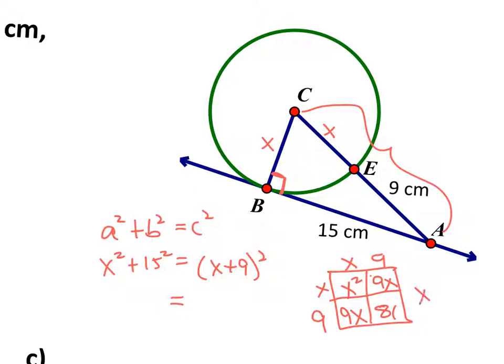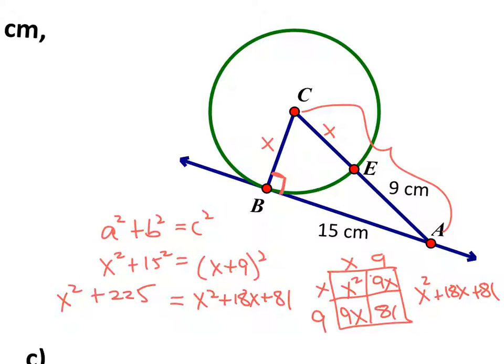So we'll have x squared plus 18x plus 81. Okay, so that's right here, x squared plus 18x plus 81. And that's equal to x squared plus 225.